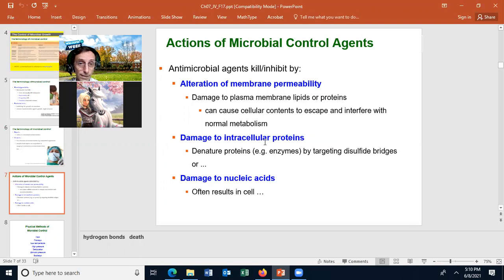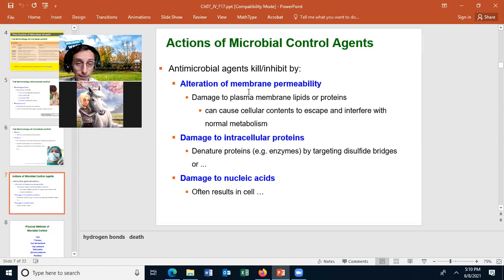The three ways that antimicrobial agents kill or inhibit cells. Let me give you an example of membrane permeability. Polymyxin B damages the cell membrane, actually any membrane.